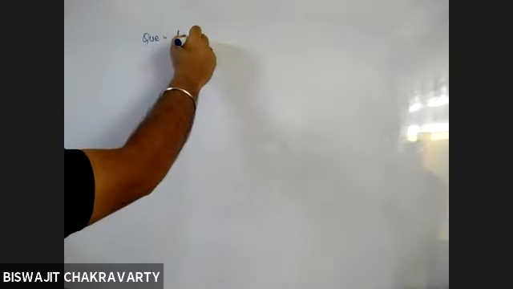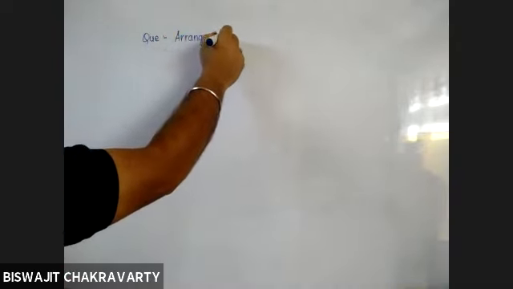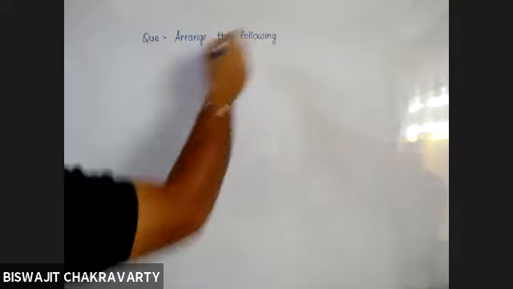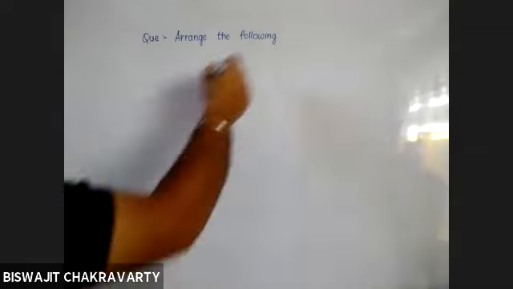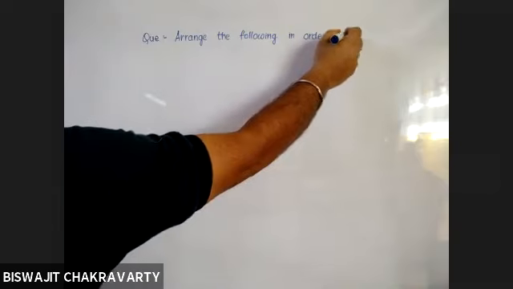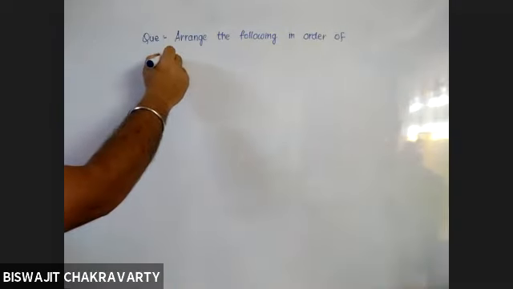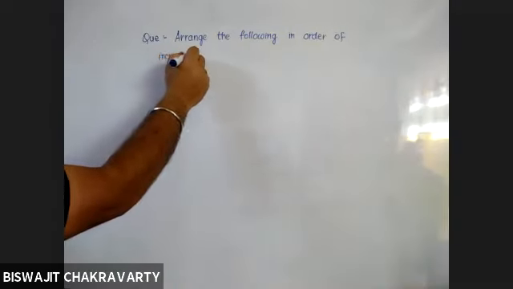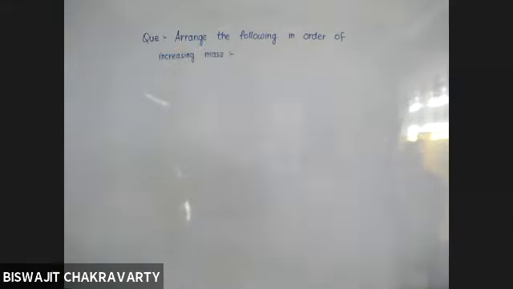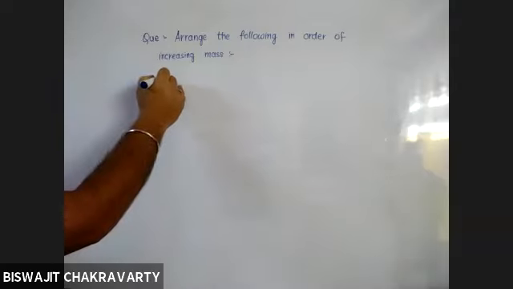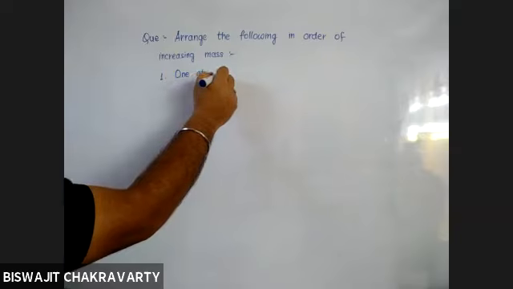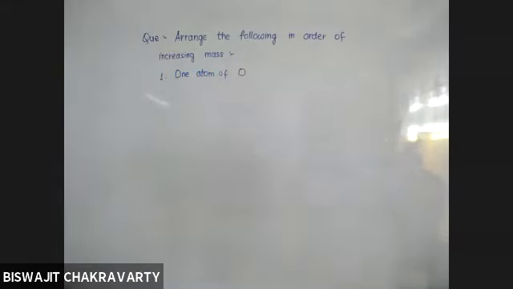Arrange the following in order of increasing mass. Number 1, 1 atom of oxygen.